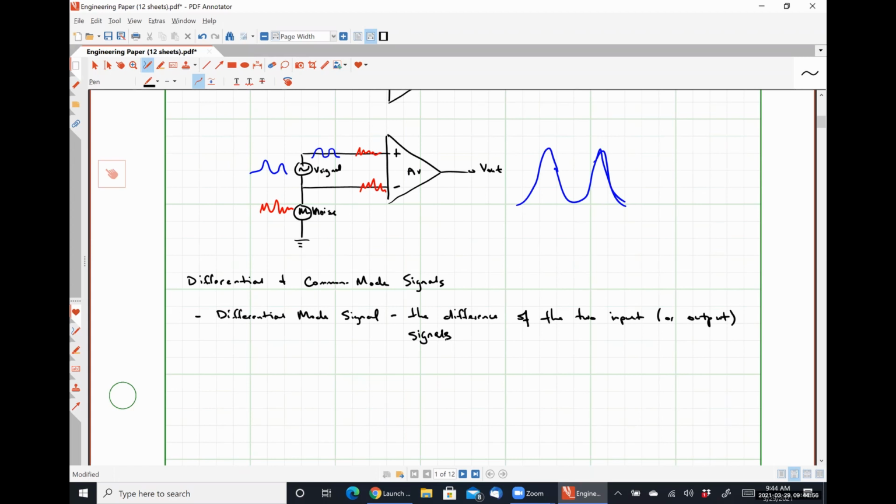So for us, that would mean that we would have some differential input signal, which I'm going to call VID, is simply VN1 minus VN2. And we can have a differential output signal, VOD, which we'll define to be Vout1 minus Vout2.